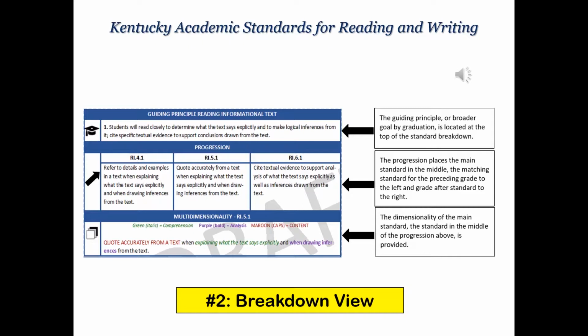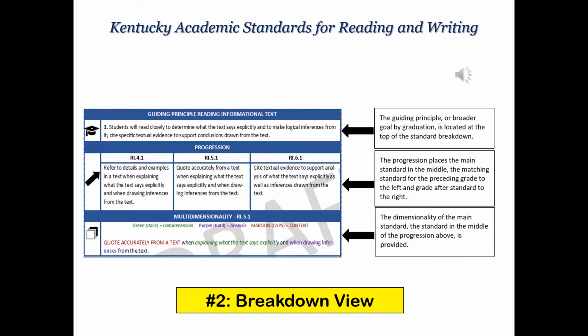And you're seeing that in the progression right in the middle. But let's back up. Let's look at the guiding principle. As you notice, it has a graduation cap because it's a reminder to us this is the goal by graduation. And it's always at the top to remind you why what you are doing is so important.